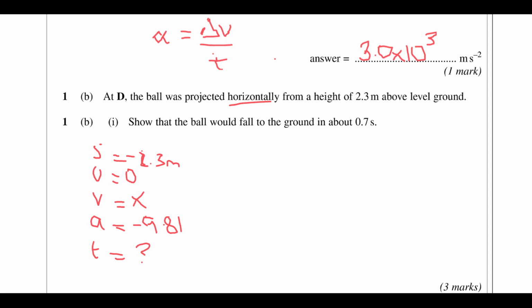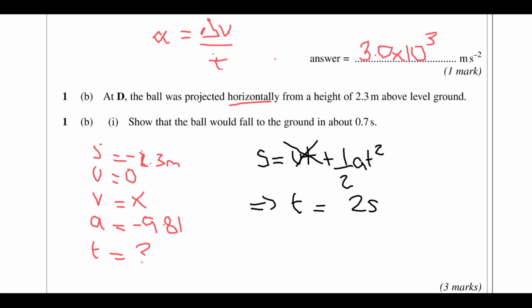So we want the SUVAT equation that doesn't have V in it. So we're going to use S equals UT plus half AT squared. U is 0, so we can immediately get rid of that. So we get that the time is the square root of 2S over A. We're going to get 2 solutions to this, one of which is negative and makes no sense.